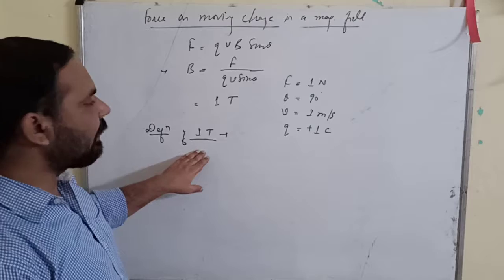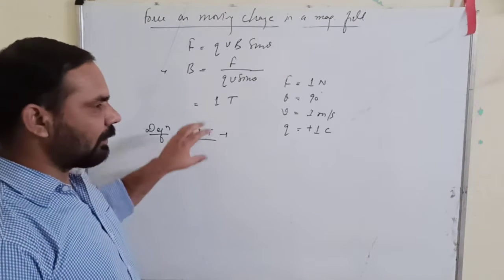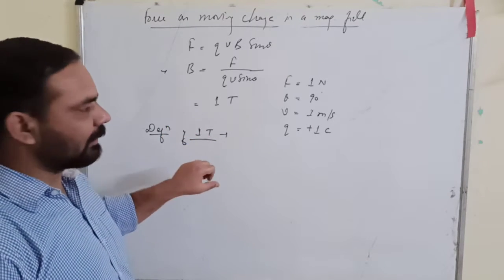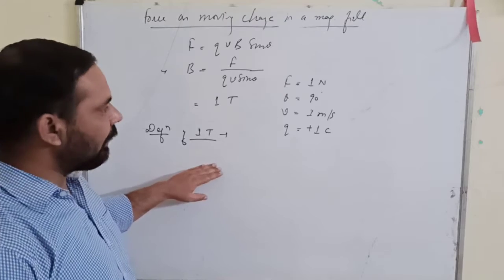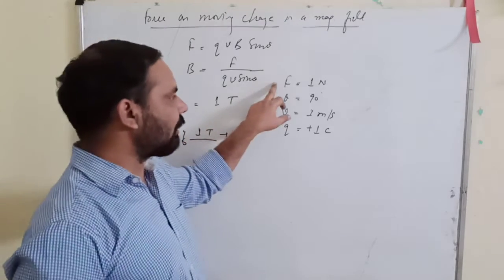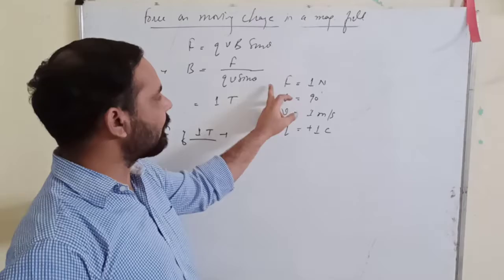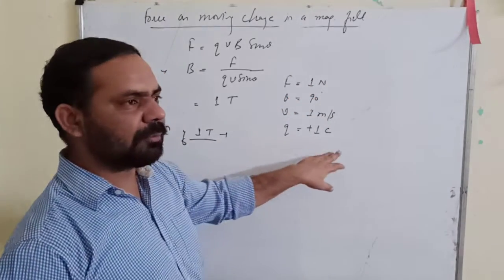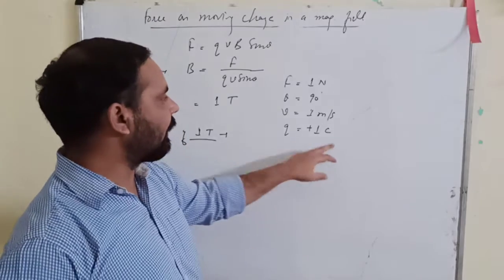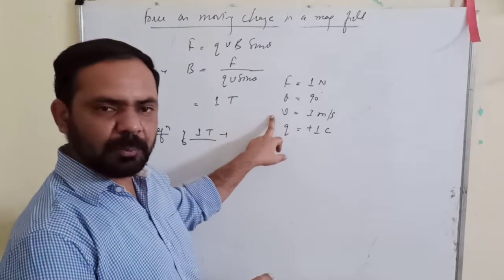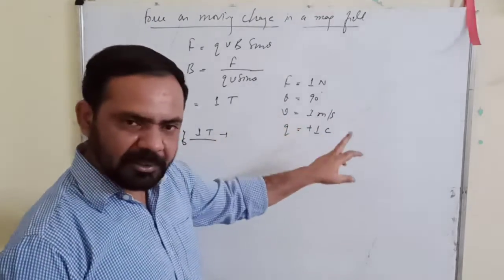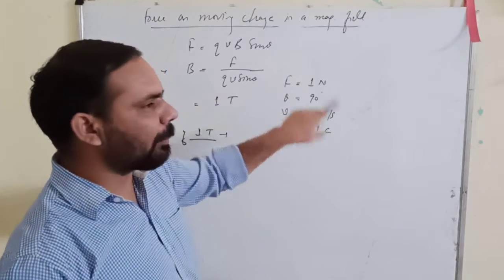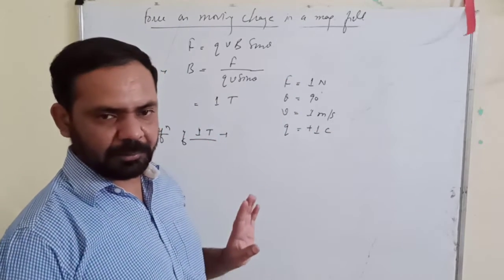The magnitude of the magnetic field is said to be 1 Tesla if it exerts a magnetic Lorentz force of 1 Newton on a charge of 1 coulomb moving with a velocity of 1 meter per second in a direction perpendicular to the direction of the magnetic field.